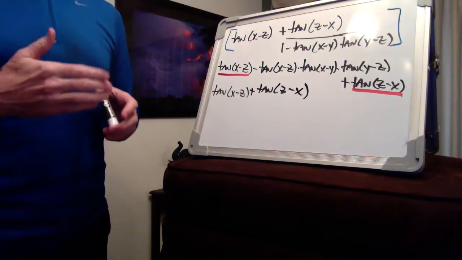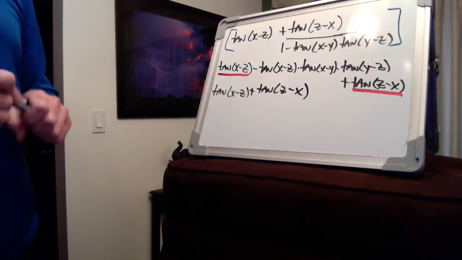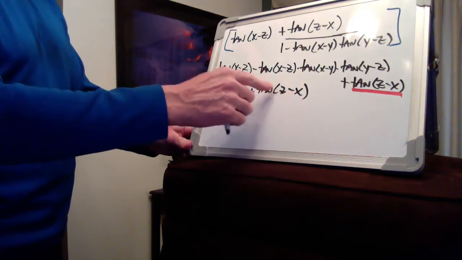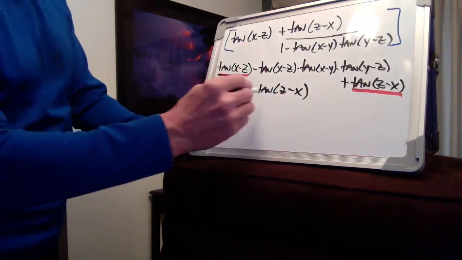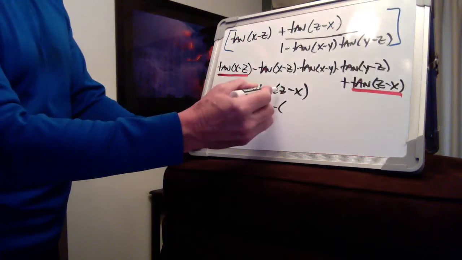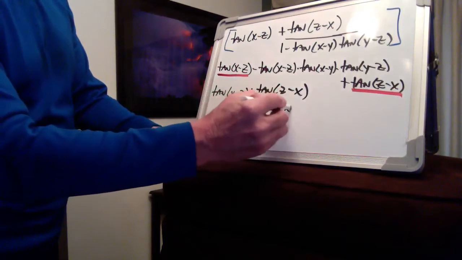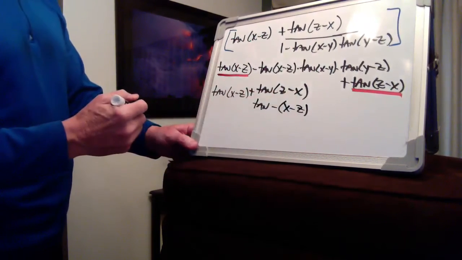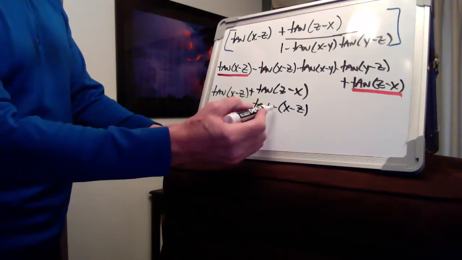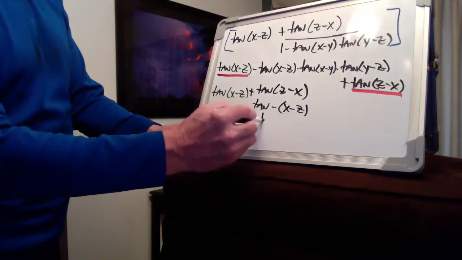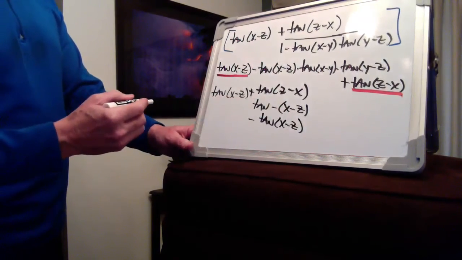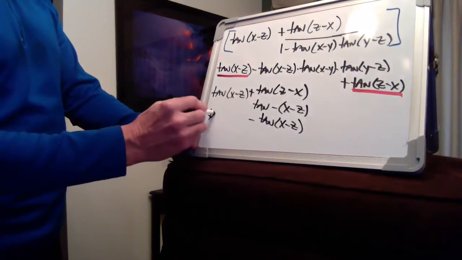Now for the next two steps, I'm going to use that other preview concept, that tangent is an odd function. So what I'm going to do is take the opposite of this. I'm going to take the negative sign on the outside. So let me do it right here. That means that signs are going to change. So then I'll put x and then minus z. Okay. And because it's an odd function, if I take the opposite of the input, the output is going to change to its opposite.